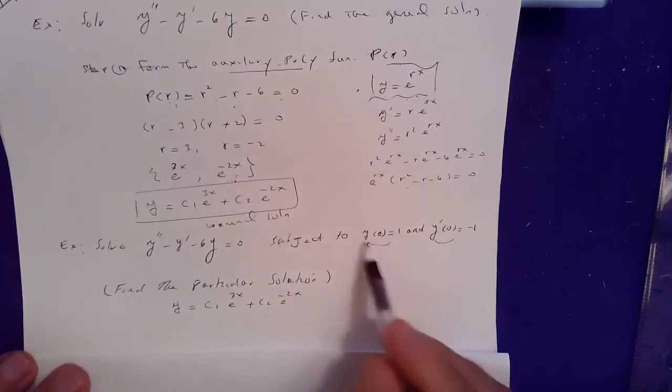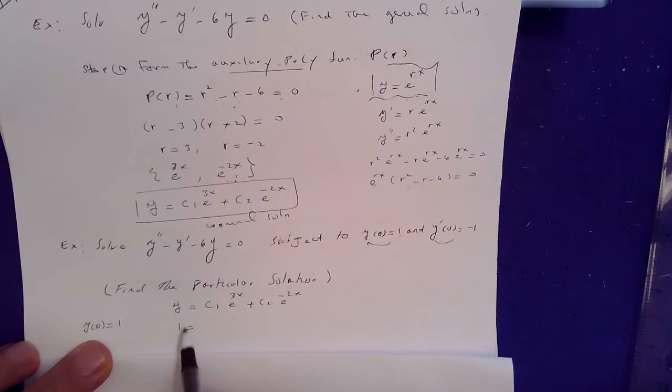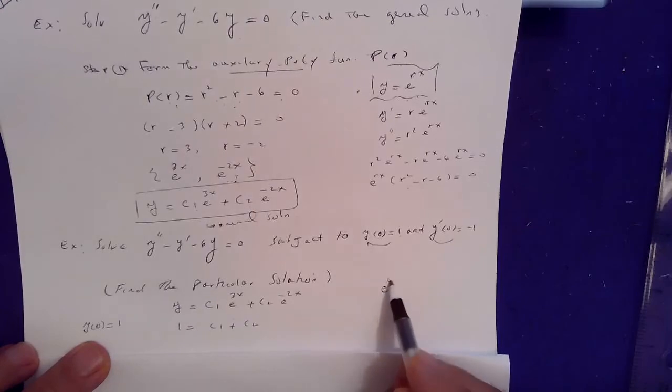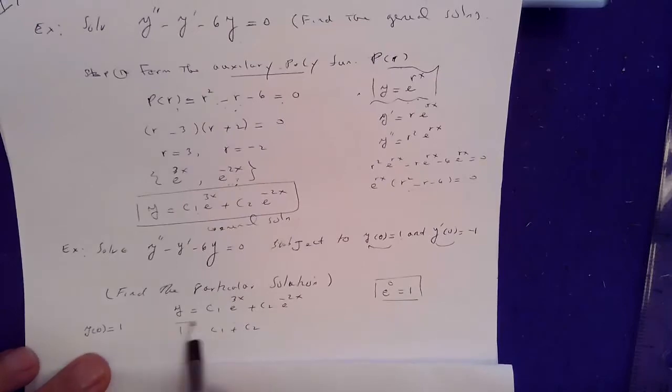Now I'm going to impose the first condition, which is y of 0 equals 1. That means when x is 0, y is 1. So I get C1 plus C2. Keep in mind, e to the power of 0 is 1, right? So that's one equation right there.